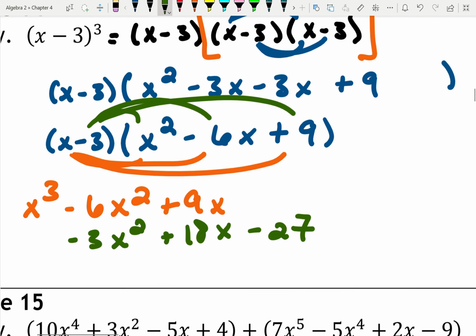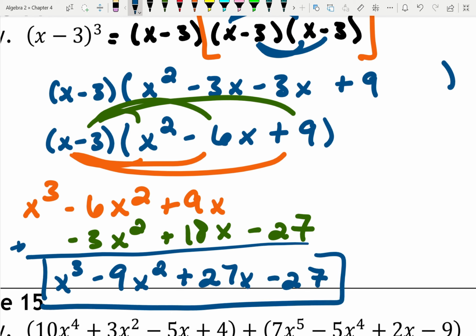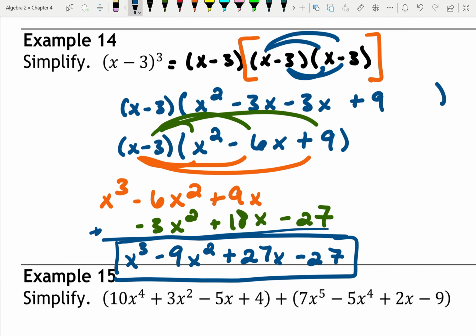And you'll notice that I wrote it in 2 little rows here. That way my ending can be really simple. I just add them up like this, and I get x cubed minus 9x squared plus 27x minus 27. And there we go. That's our answer to number 14.